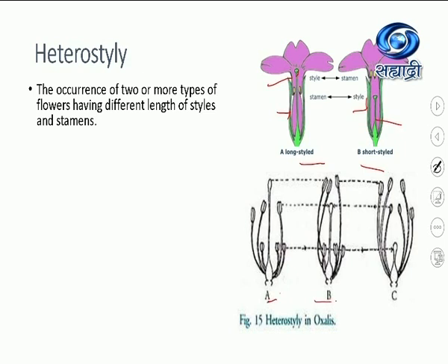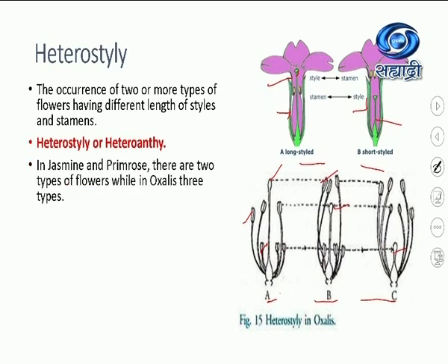Similarly, in oxalis we have three varieties of flower, A, B, C. Look at the height of the gynoecium here, here, here. Isn't it different? Look at the height of the anthers. First height, second height, and these are so tall. So different heights are present. Heterostyly or heteroanthy. In jasmine and primrose, there are two types of flowers, but in oxalis, there are three types of flowers.